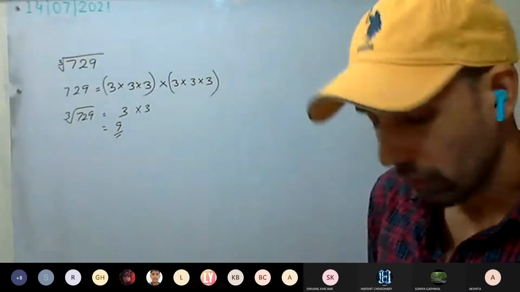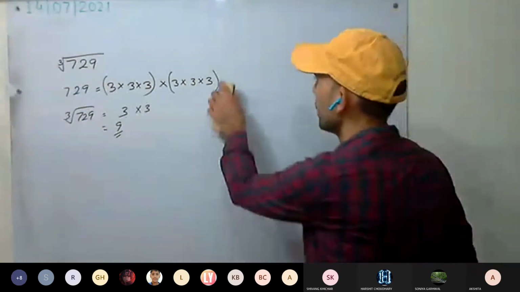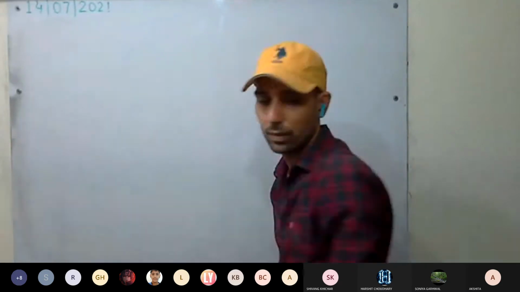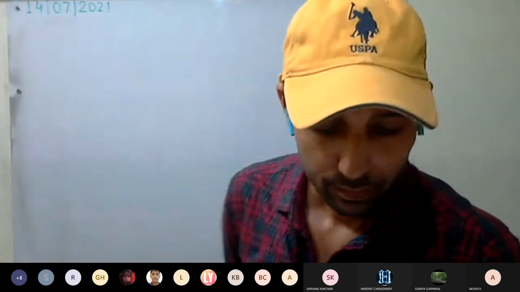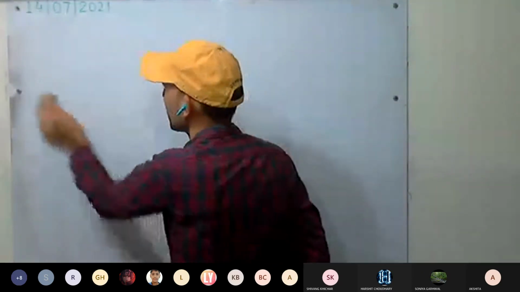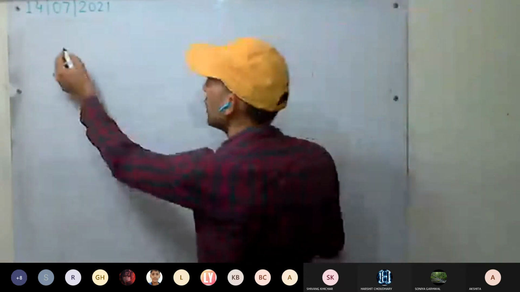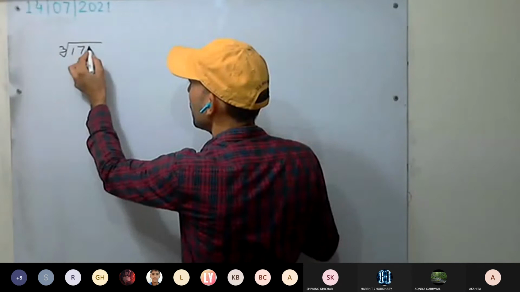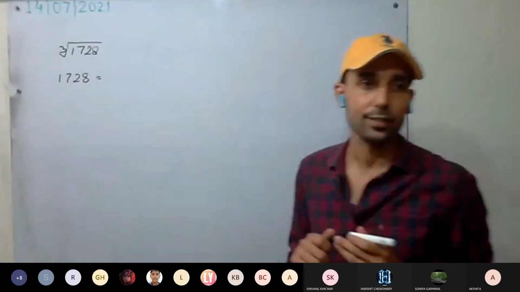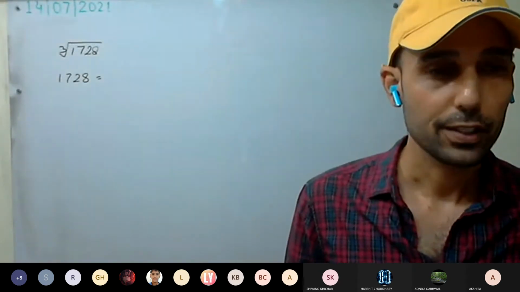1728. Cube root of 1728. How many 2s, how many 3s? Everyone calculate and tell me the factorization: how many 2s, how many 3s you get.